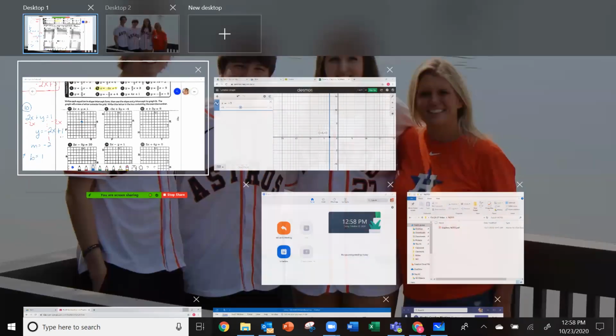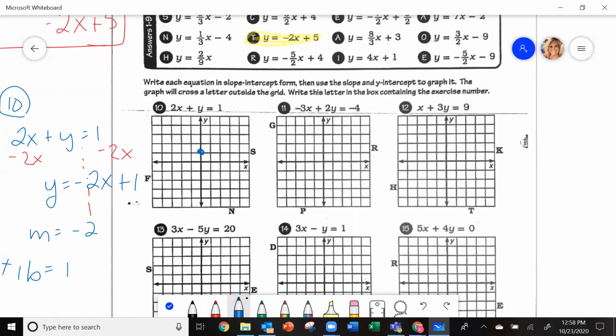Plot your 1. Then you're going to do your slope. You're going to go down 2, to the right 1. Down 2, to the right 1. Now in this case, I ran into the letter N. You're going to put that letter in this box.